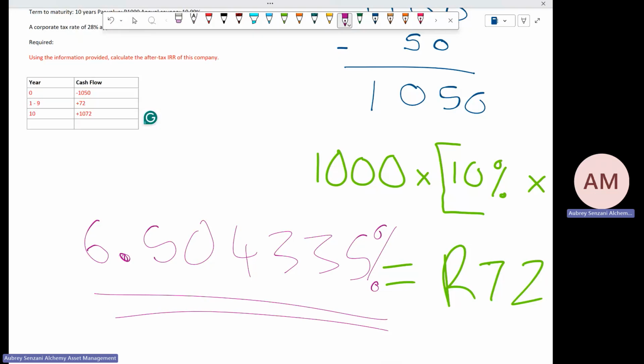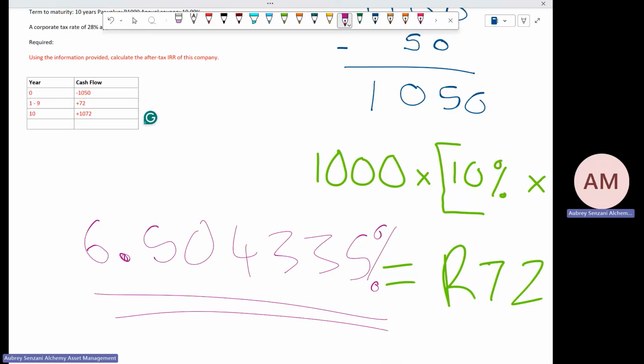Now we enter the first period's cash flow, which is positive 72, and then I hit enter. I can just keep pressing enter until I get to 9, because we know that we've got 72 Rand as a positive cash flow all the way up until here.